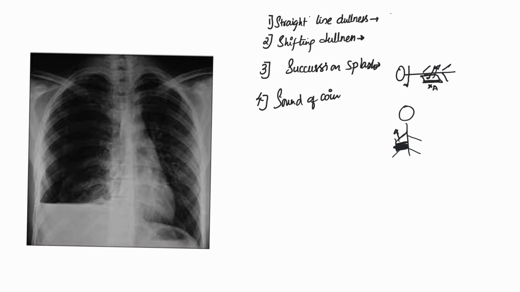Okay, we have to listen to the breath sounds and also the sound of the coins. In case of hydropneumothorax, you can clearly hear a tinkling sound. So this is coin test positive, and the sound of coin is indicative of hydropneumothorax.